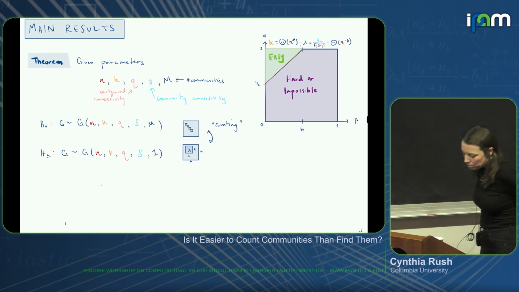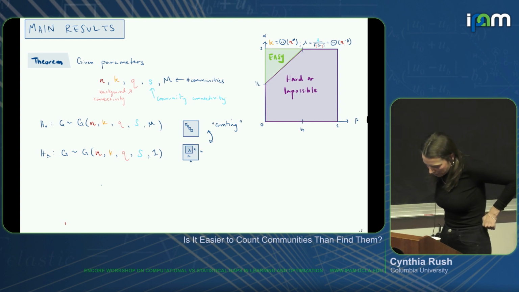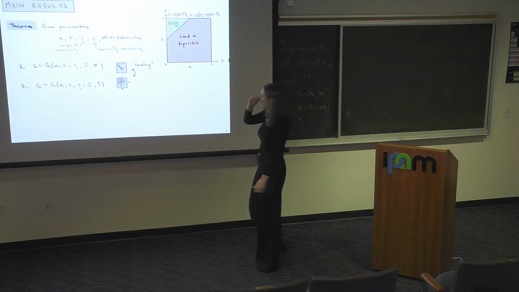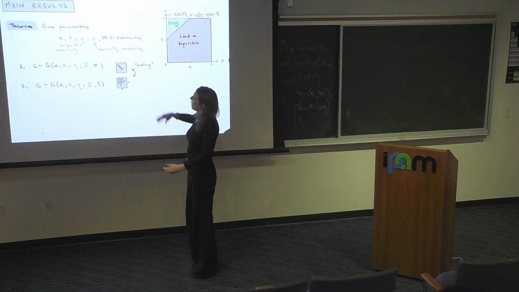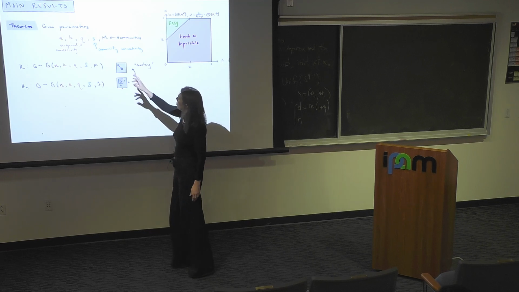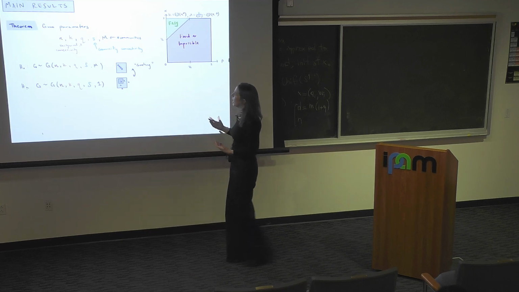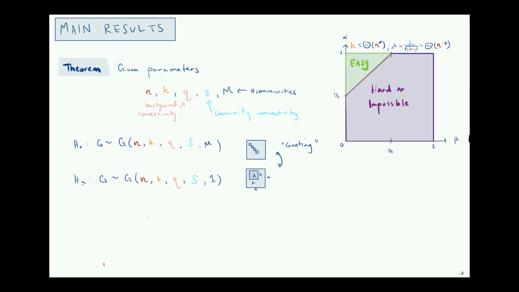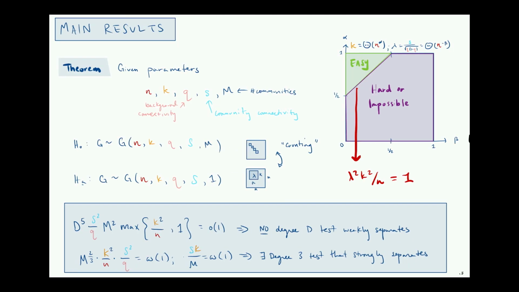Okay, so the main results look like the following. I'm given some parameters: n, the size of my graph, k, the size of the planted structures, q, my background connectivity, and s, the elevated community connectivity. And now I'm thinking about testing between one community and m. The results basically look like the following.